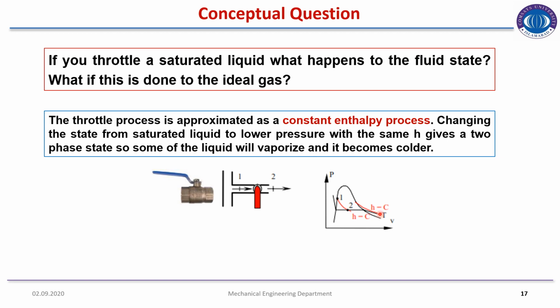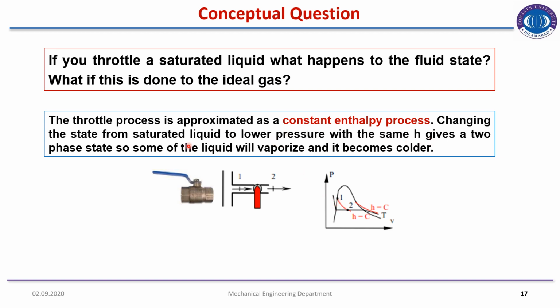So if we are here and there is a sudden drop in the pressure, and if we are in the superheated region, then we will move to the saturated region. If we are under the dome, which contains vapor and liquid both, we will move to the saturated liquid line.